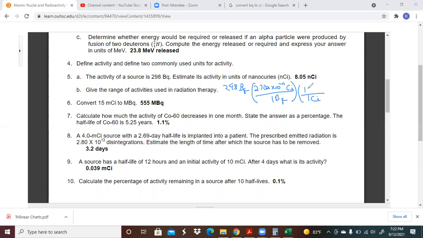So we should end up with 10 to the 9th nanocuries. So those cancel, these cancel. Now let's multiply this out. Let's see if I'm anywhere near close to being right. Okay.